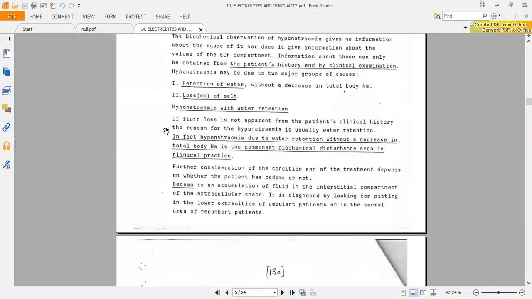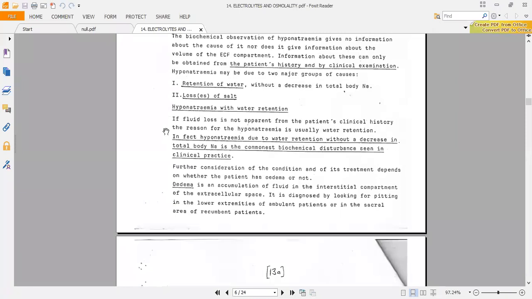Okay, so the first one we're going to talk about is someone who has hyponatremia with water retention. Okay, so we have explained this, that if the person retains a lot of water, okay, the hyponatremia is called a dilutional hyponatremia. That means that the excess water has diluted the sodium levels, okay.